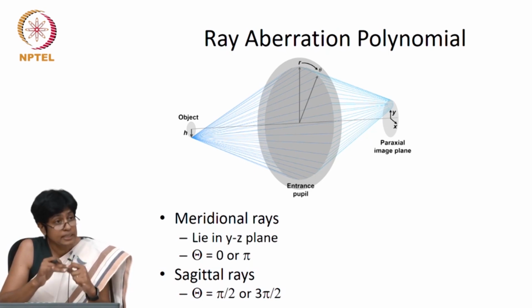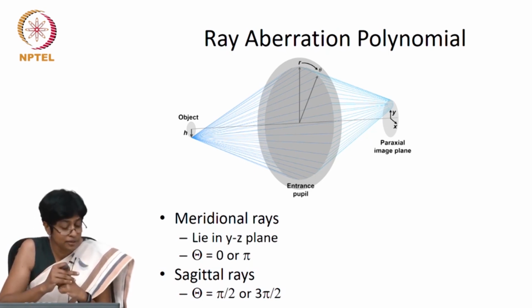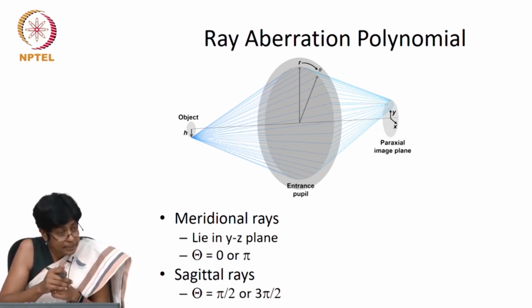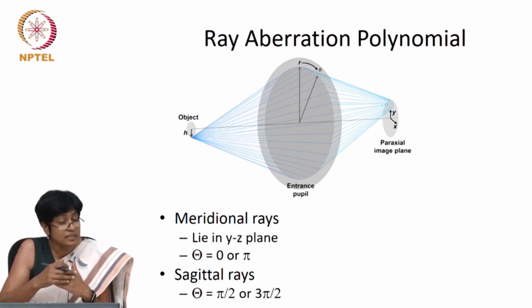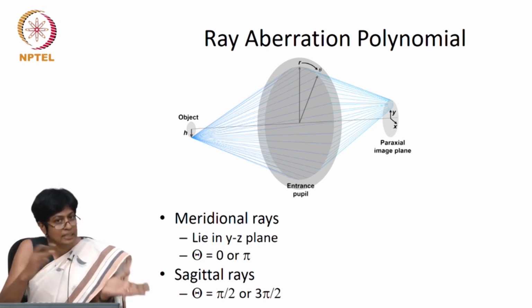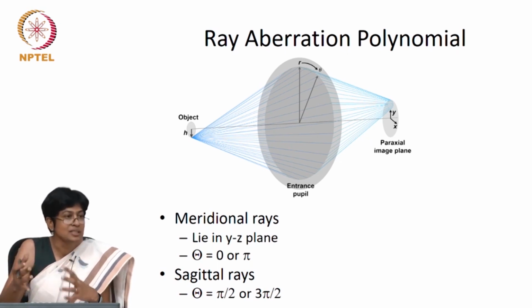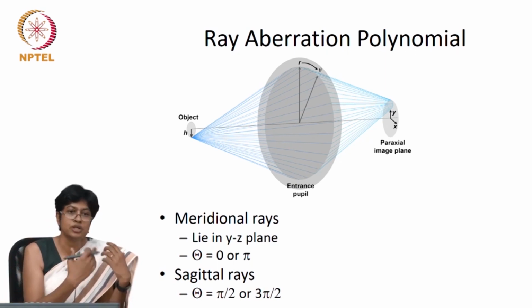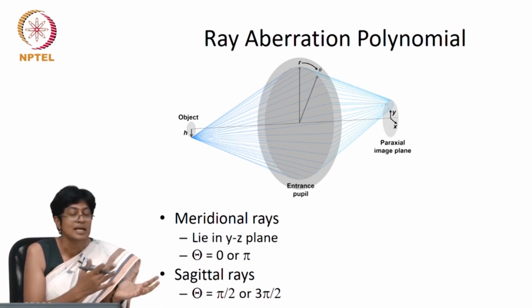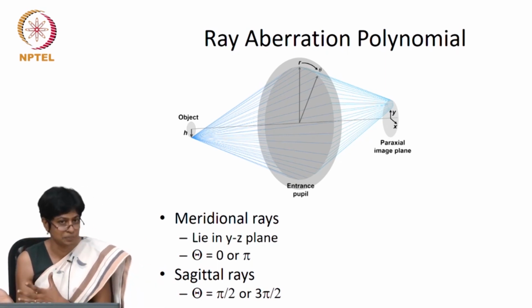You could alternately look at what we call the sagittal rays that lie in a plane perpendicular to the meridional plane, and that means those rays will have theta equal to pi by 2 or 3 pi by 2. Why do we break it up into these kinds? Because it turns out meridional rays will contribute to certain kinds of aberrations, sagittal rays to other kinds of aberrations.